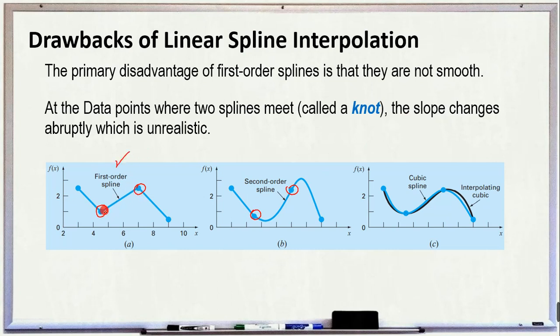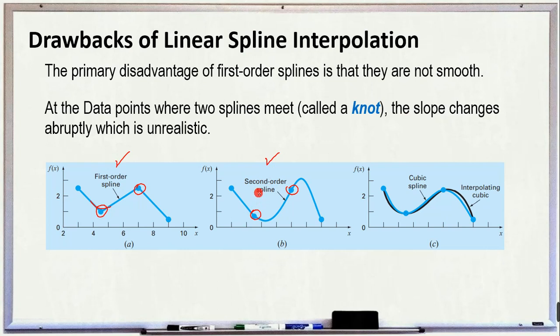So at the interior knots, the line here should behave like a curve rather than a very straight line. So this is the improved version of our first order spline.